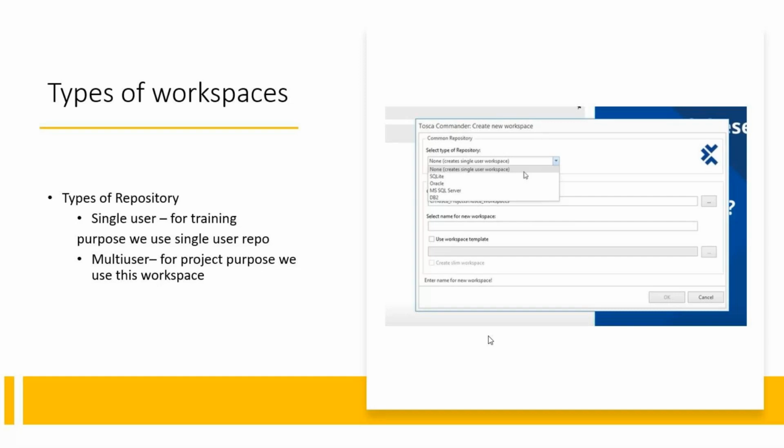Suppose your project is using a DB2 repository, then you select DB2. Once you select DB2, you have to give the corresponding username or schema to access that particular DB. Then you give a name for the workspace and click on OK. Your workspace will be created.